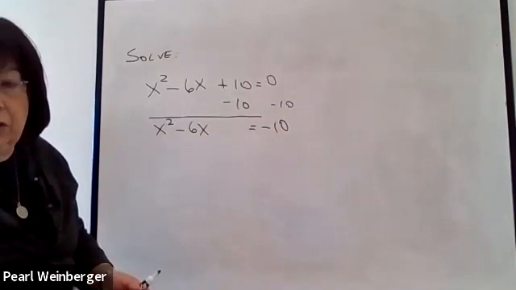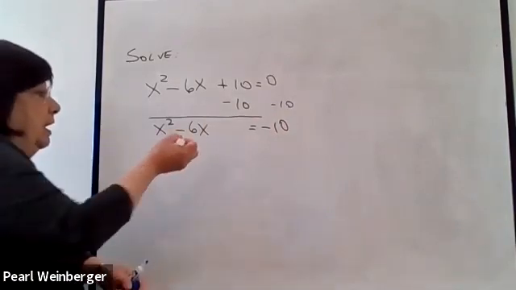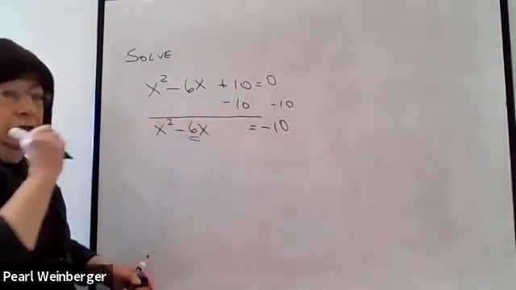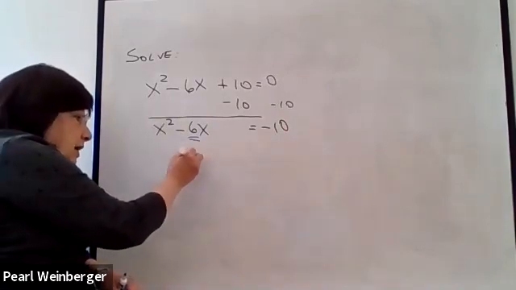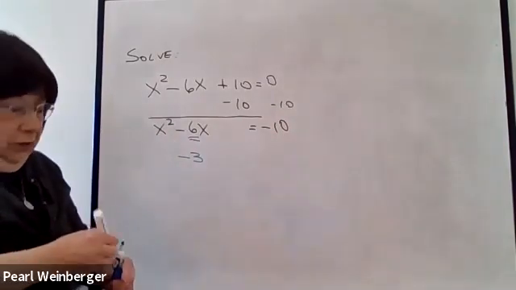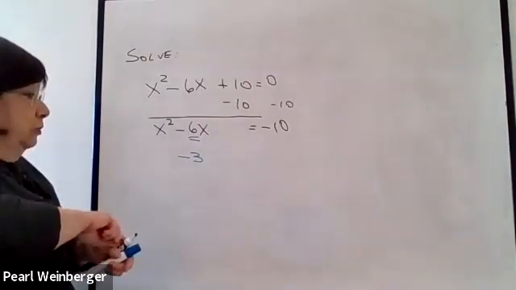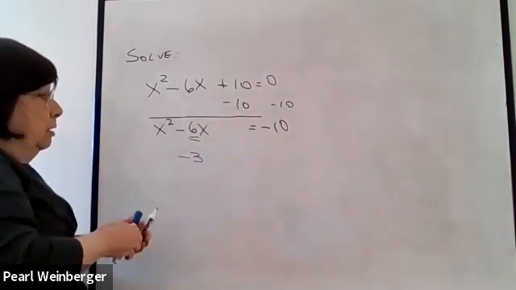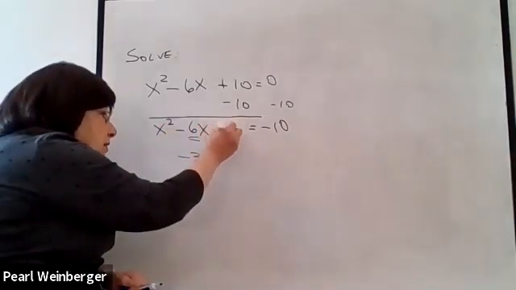Now I'm going to use completing the square by taking half of the number in front of the x. This is the b, the number that's in front of the x. Half of that number is negative 3. What I do with that number is I square it. I multiply it by itself. So negative 3 times negative 3 becomes plus 9.